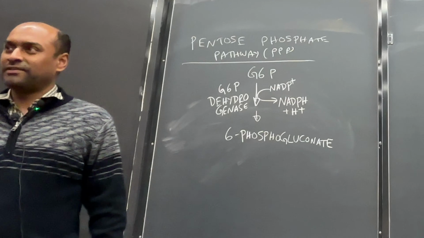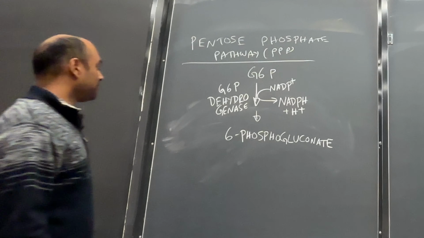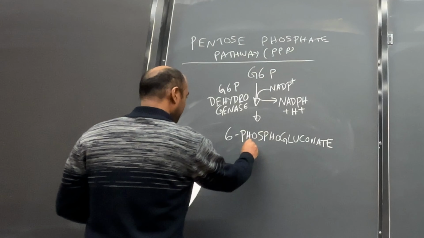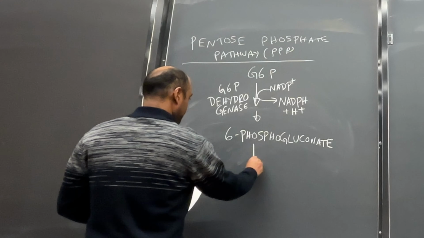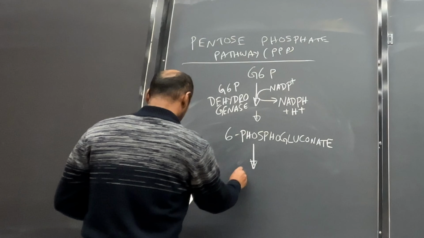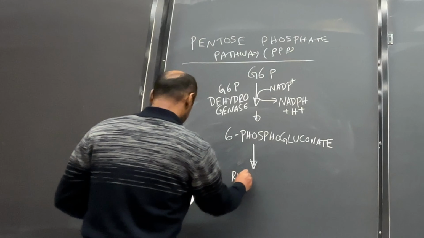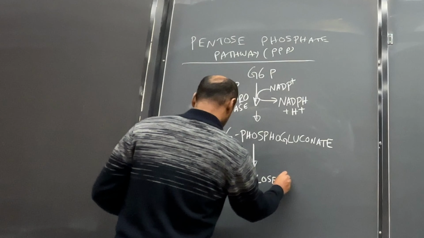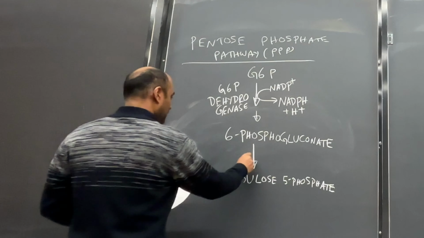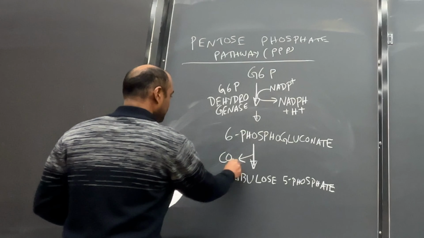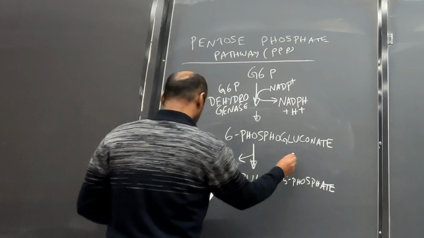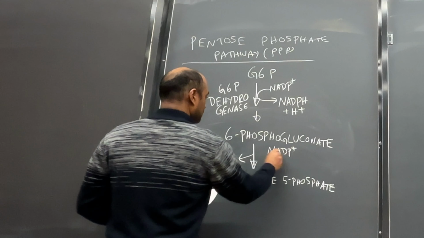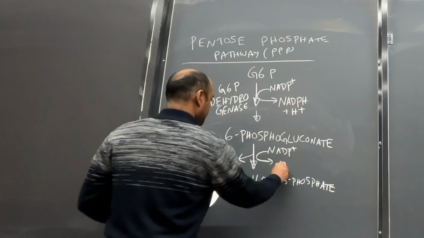So we made 6-phosphogluconate, then there's another oxidation step here, and we make another sugar. It's called ribulose 5-phosphate. This is also an oxidation step as we release CO2. And here also we are using NADP plus to make NADPH.